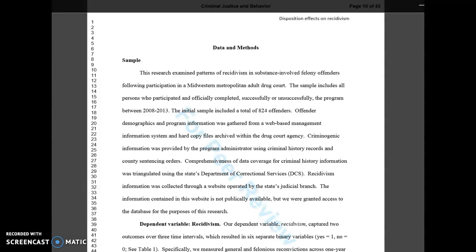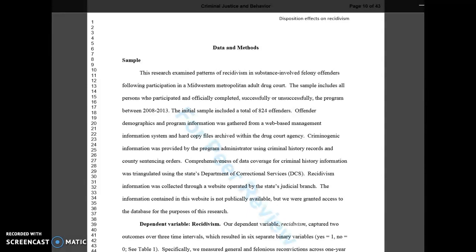This was not the actual name of the drug court, but it's supposed to hide its identity. If I were to give the place in which the data was collected, then everyone would know some of the particulars about this drug court. So over a 6-year period, there were 824 individuals that participated in this drug court program.